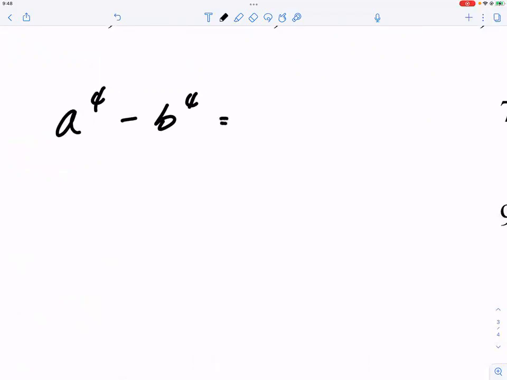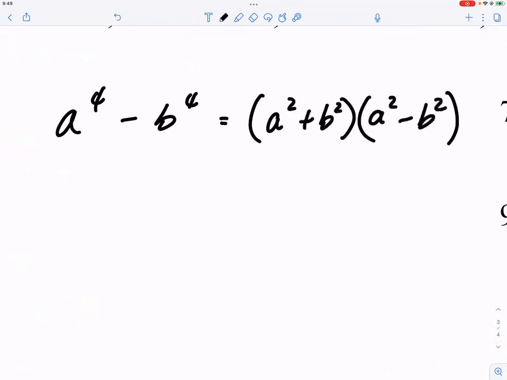Now, the answer is this. How many of you cannot see how it happens? Raise your hand if you cannot see how it happens. Everyone can see how it happens? Good, good.